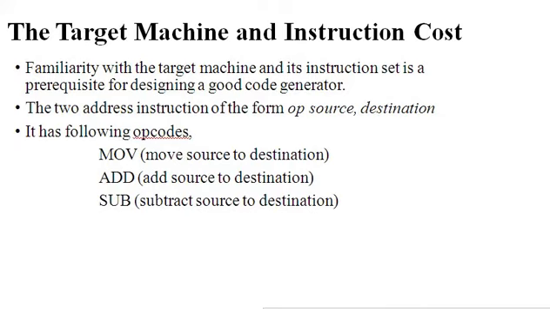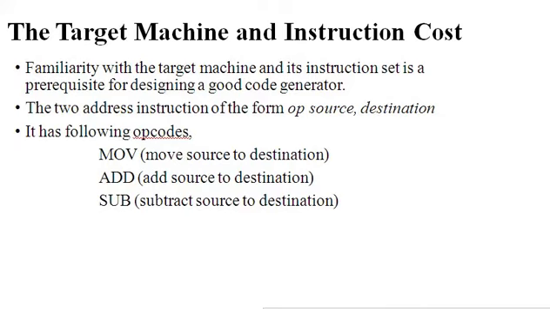The underlying computer is a byte addressable machine with n general purpose registers, which are R0, R1, R2 up to Rn.